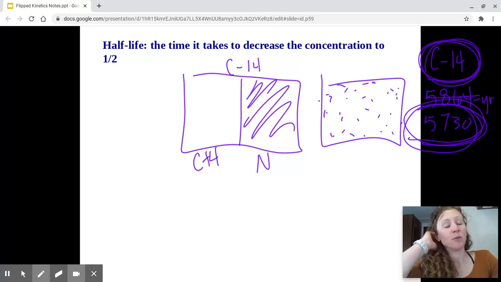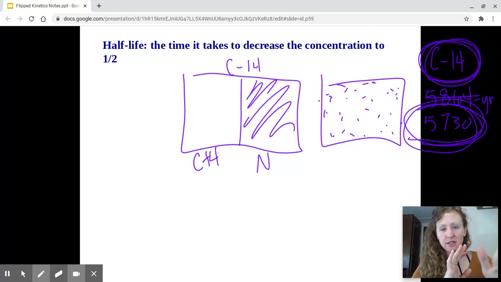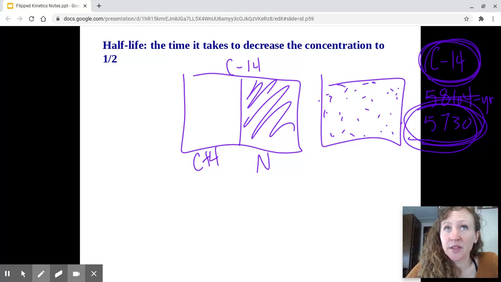Now, we can talk about half-lives for a chemical reaction also, but instead of talking about the carbon-14 decomposing into something else, it's talking about the time it takes for half of our reactants to turn into products, or the time it takes for our initial reactant concentration to be halved, to be cut in half.